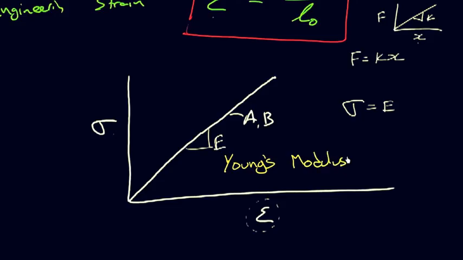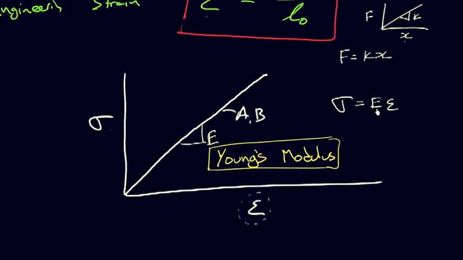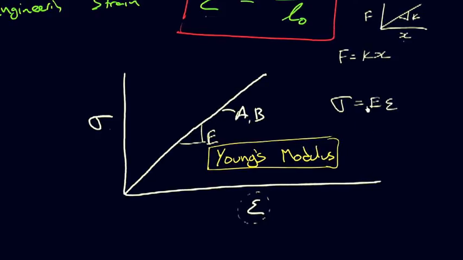That's the constant of proportionality between stress and strain. And we can write Hooke's law as stress equals Young's modulus times strain. And I like to also put, as you know, equations in a little red box. So that's an important one. And that is, as I said, Hooke's law.